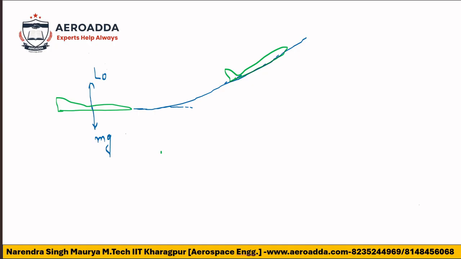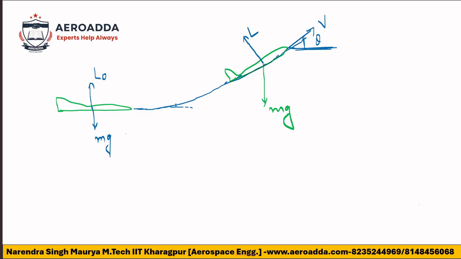Again, the weight mg will be downward only. This is the velocity of the aircraft, and the lift will be perpendicular to it. L naught and L are both different.